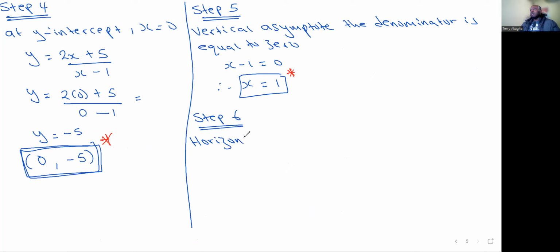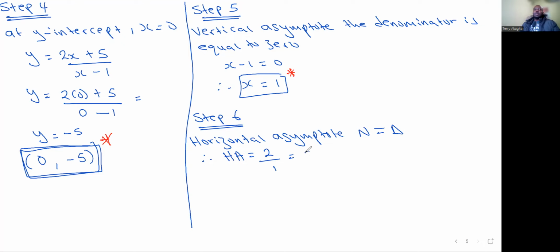So for the horizontal asymptote, we can see that the degree of the numerator is equal to the degree of the denominator. Therefore, it's going to be the ratio of the leading coefficients. So the coefficient of the numerator divided by the coefficient of the denominator gives me the horizontal asymptote: 2 divided by 1.